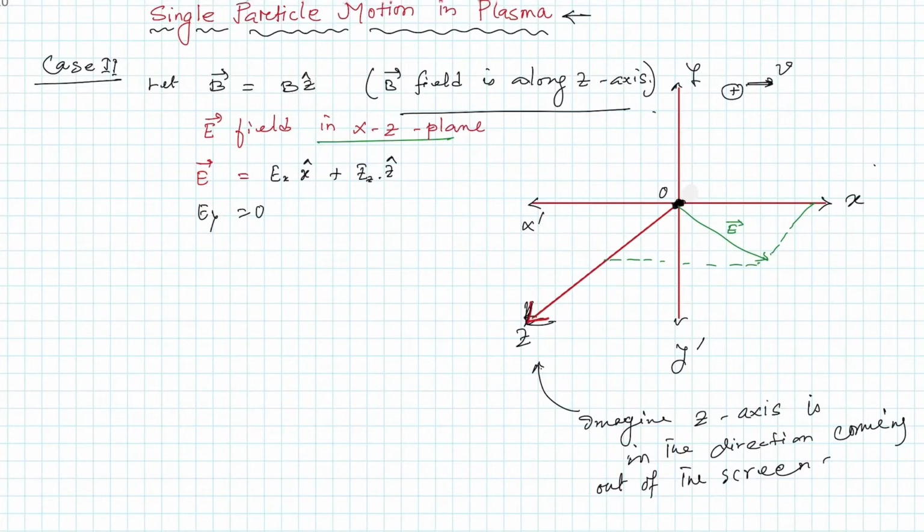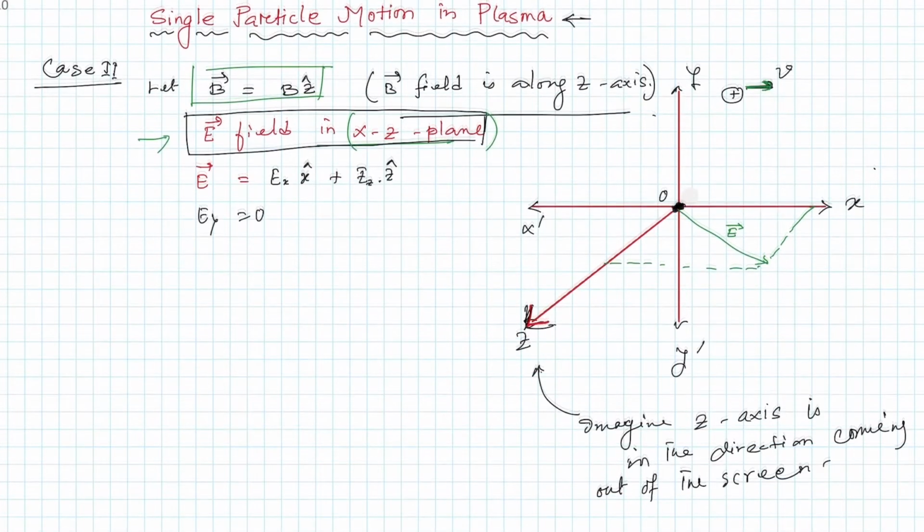This is because the electric field is applied in the xz plane. Now let us study the motion of this particle due to these two fields, magnetic field and electric field. Here the particle will have two motions.